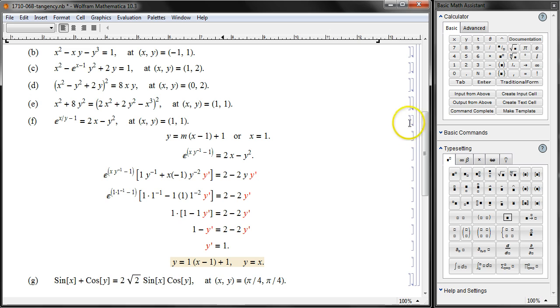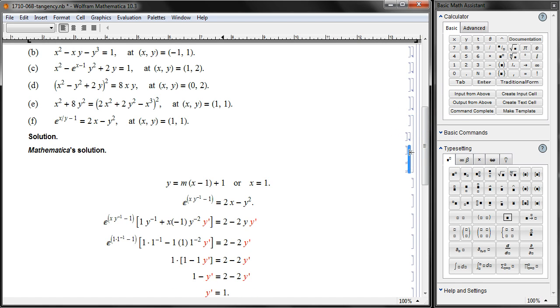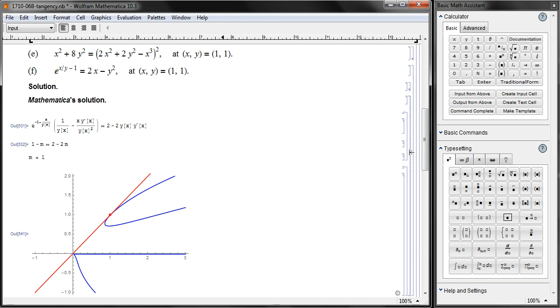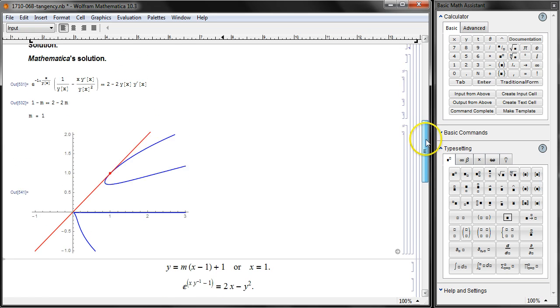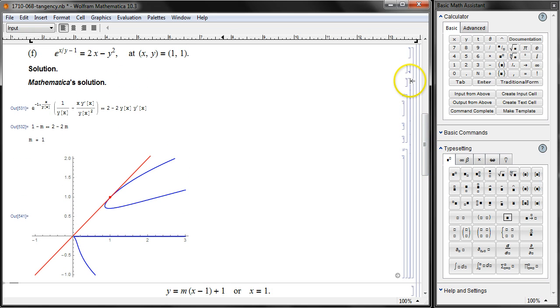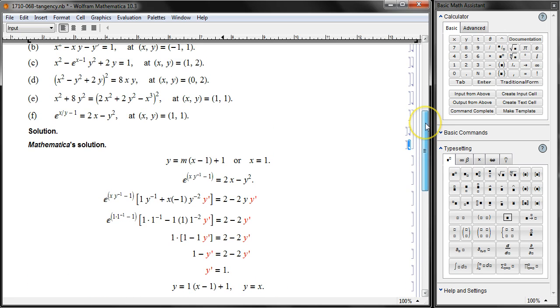Let's see if this is right. Visualization. Yes, indeed, y equals x. This line goes through this point, 1 comma 1. So that was convincing evidence, and here is the full solution.